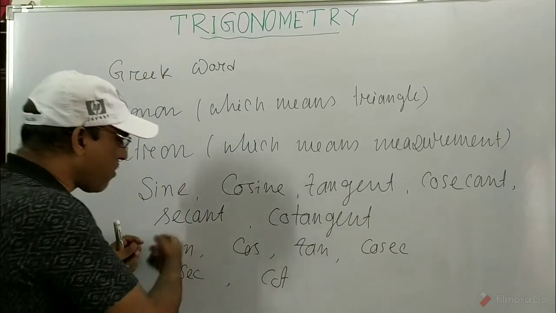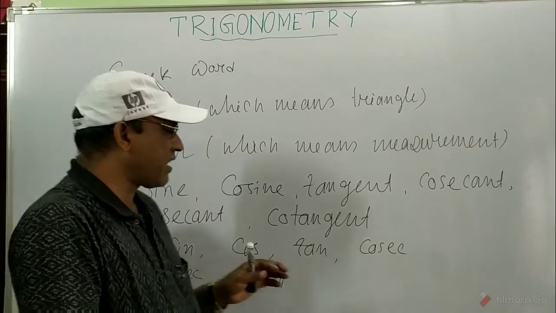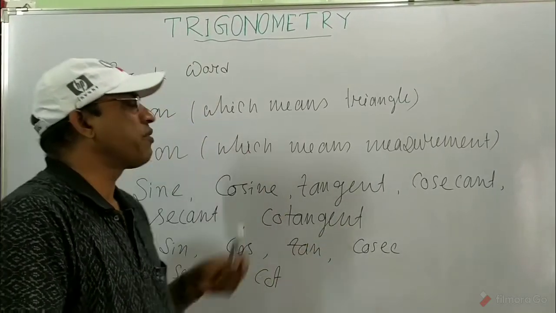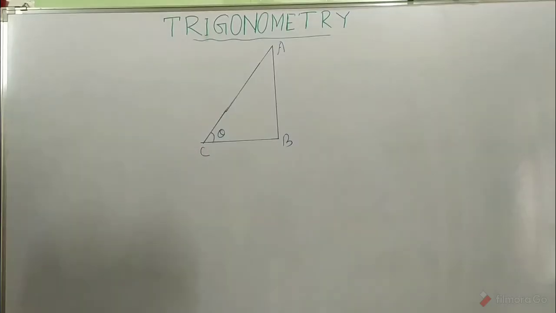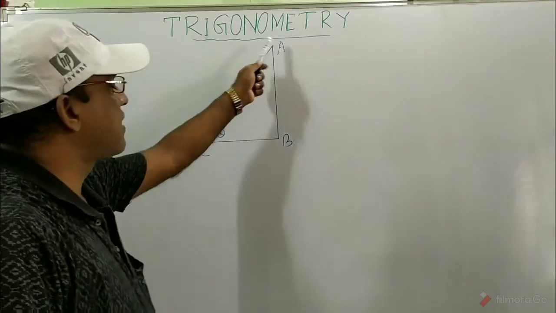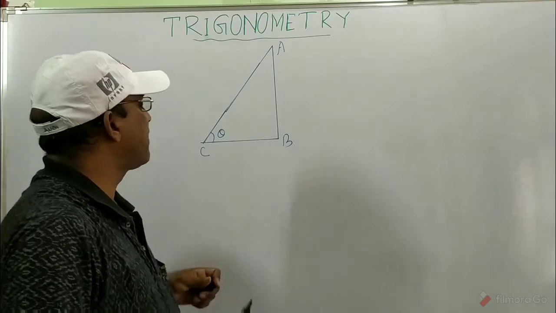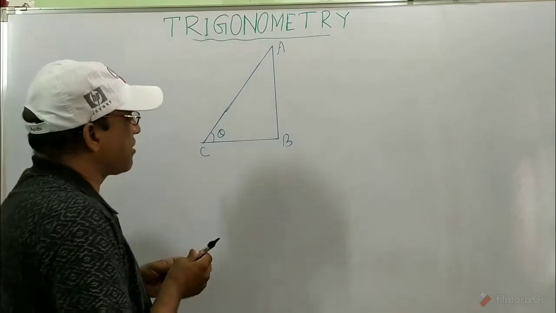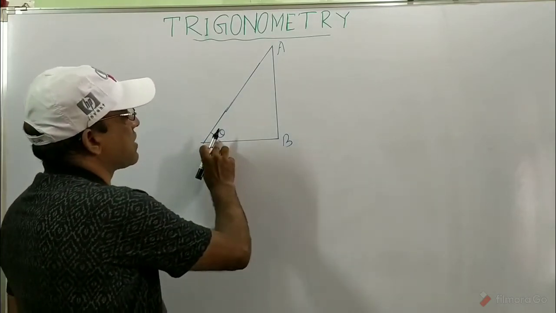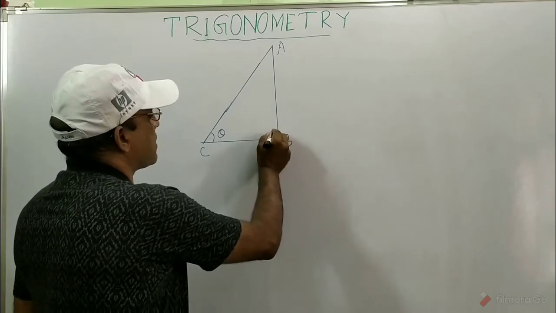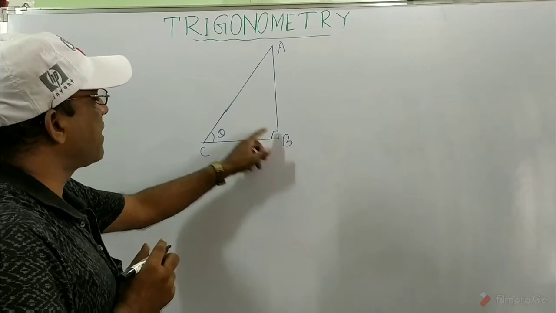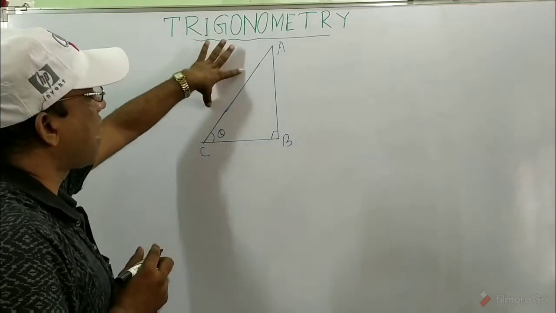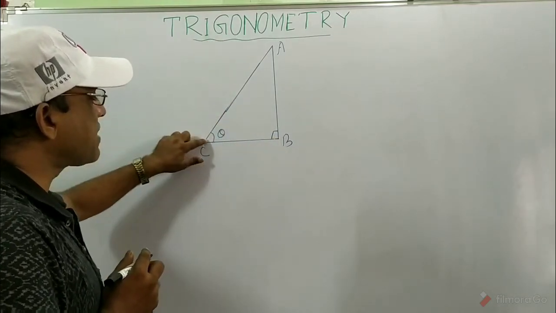Now what is sine? How do we get sine, cos, tan? Suppose we consider a right angle triangle, and this angle is theta. Suppose this is 90 degrees, then the side opposite it is the hypotenuse.